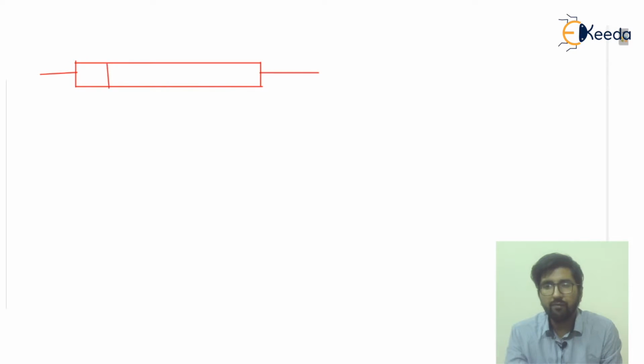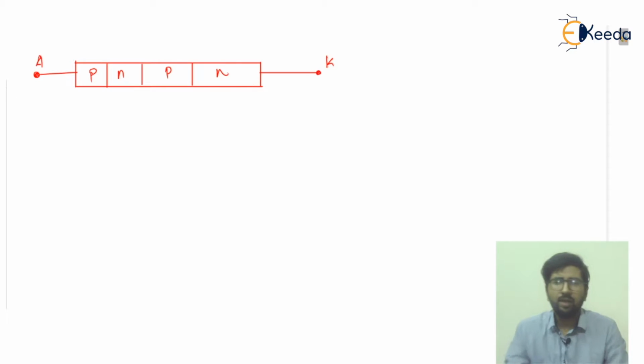It will have four layers and three terminals, which are P, N, P, N. Here it is the anode, and here it is the cathode, represented by K. Generally the anode is at positive potential and the cathode is at negative potential.